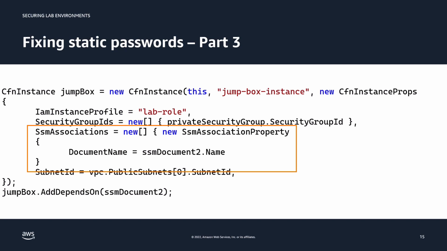You can see here as part of the creation for this EC2 instance, I've added SSM associations and I've provided the document name. So now the one bit that's missing and required to work, and that's the creation of an SSM automation document. Now, I haven't outlined it in the slides, but it is available in the sample code that we'll have at the end of the session.